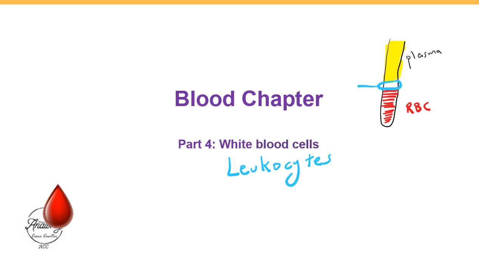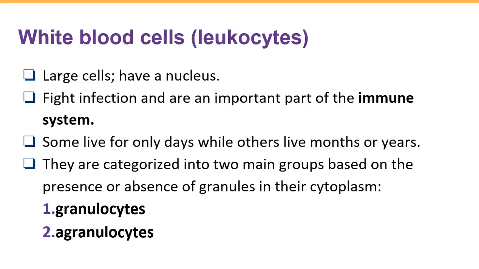This whitish layer is composed of the white blood cells, which is just less than 1% of our blood. It is the white blood cells or buffy coat. We call these white blood cells because they do not have the red pigment that red blood cells have. After we separate the layers of blood, we can see the white blood cells in that whitish part.